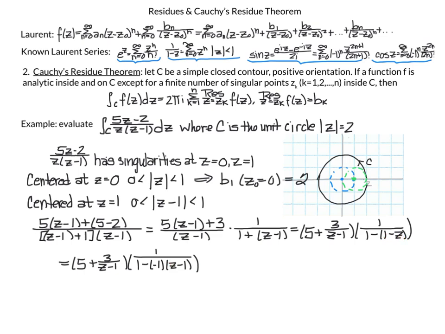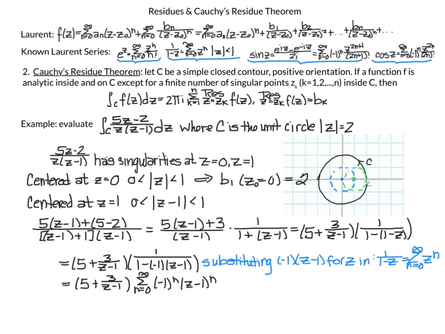And now I'm going to be substituting my -1 times z minus 1 for z in this formula here, 1 over 1 minus z equals summation z to the n. That will give me my 5 plus 3 over z minus 1 times summation of -1 to the n, and then my z minus 1 to the n.